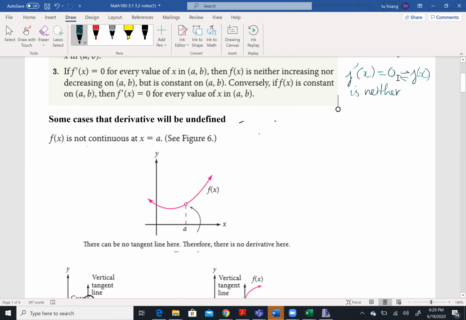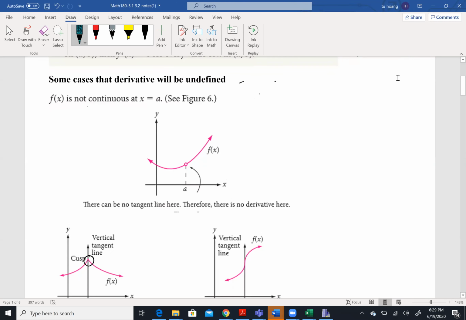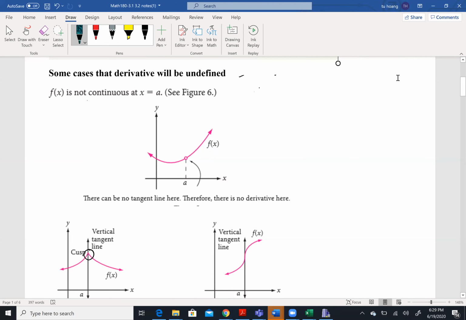You learned in a previous section, I think 2.3, about the cases where the derivative is undefined. The first case is when f(x) is not continuous at x equals a.